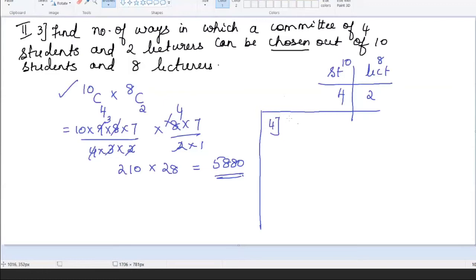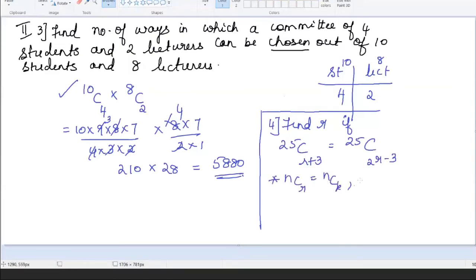Fourth question is find R if 25C(R plus 3) is equal to 25C(2R minus 3). Now, I have already told you if we have nCr is equal to nCk, then either r is equal to k, this is one option, or r plus k has to become equal to n.